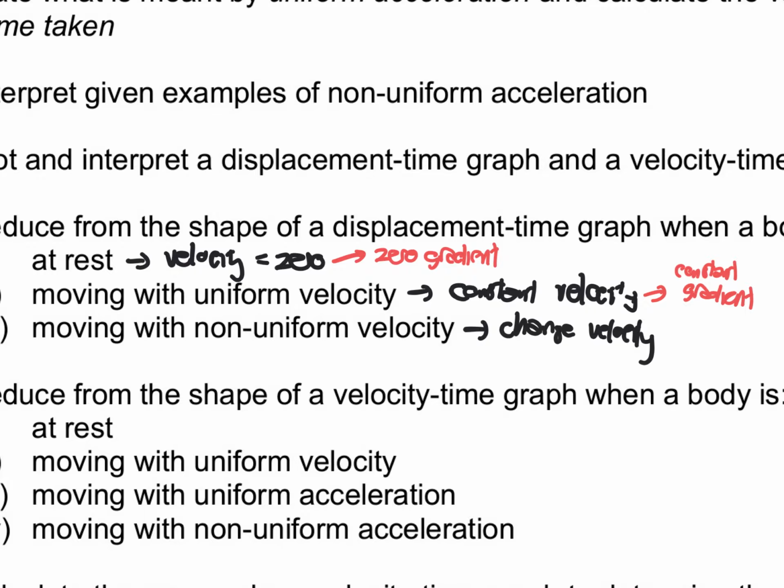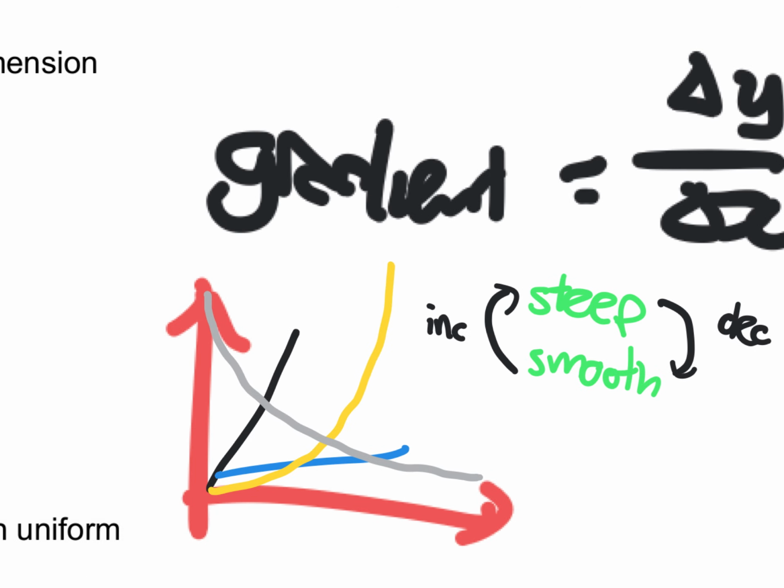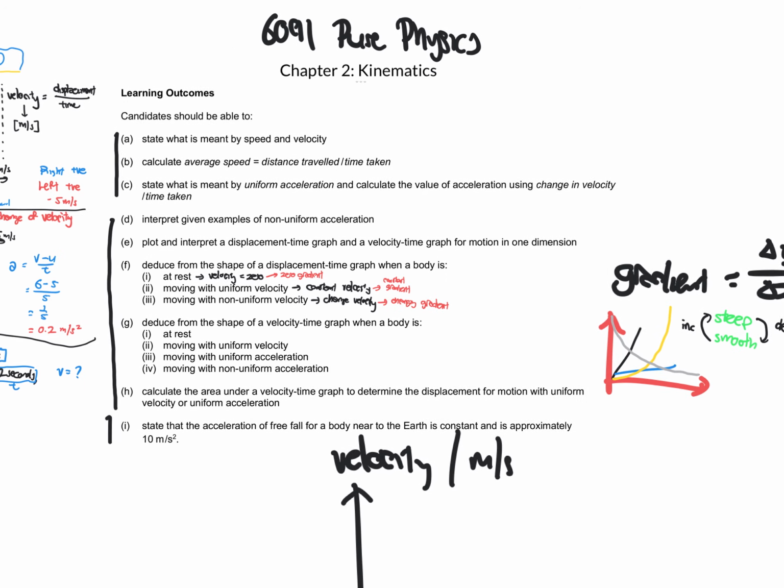That means it's a straight line. And then when I see one which has a change in velocity, it tells me that I'm going to have a graph where I have a changing gradient. And of course, the way I'm going to describe the changing gradient would be whether it's increasing or decreasing, depending if it's steep to smooth or smooth to steep.